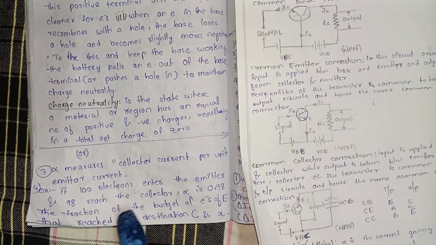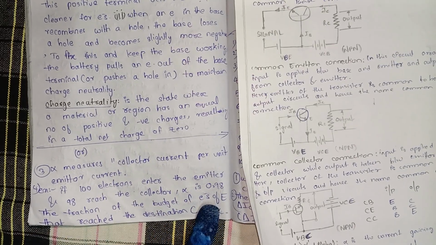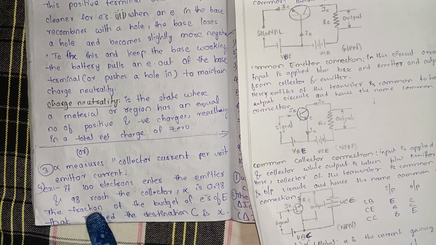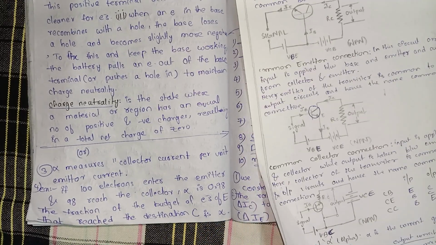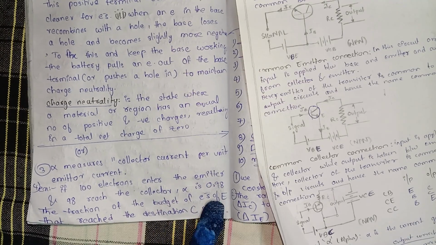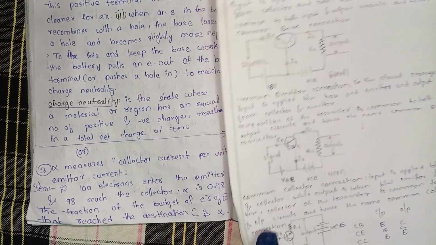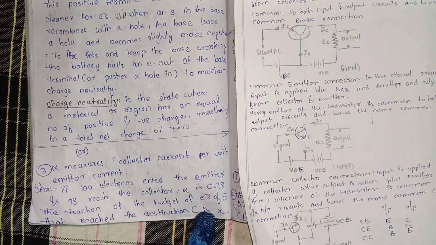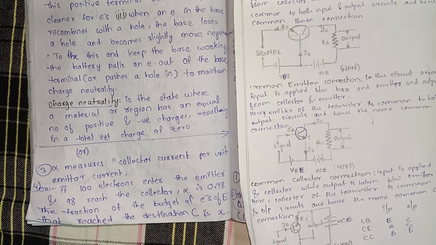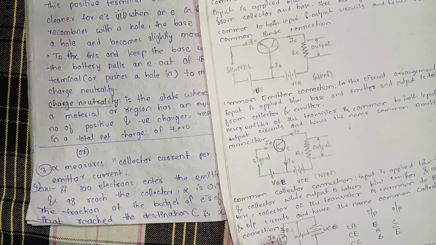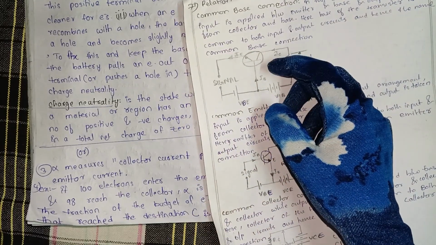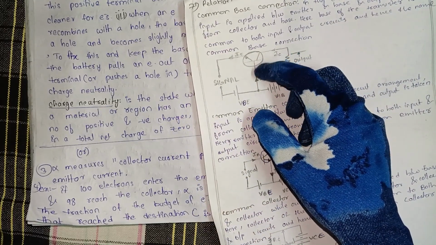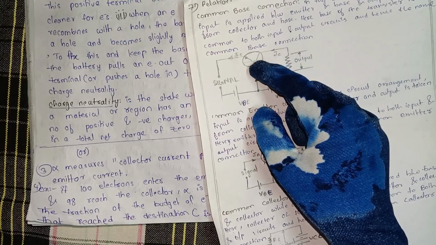So the fraction of electrons from the emitter that reach the destination, the collector, without getting recombined with the base holes, is alpha.